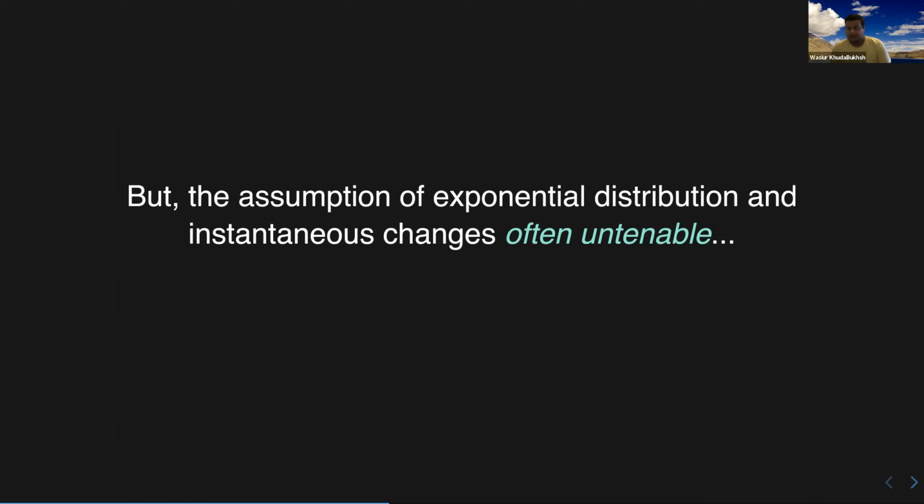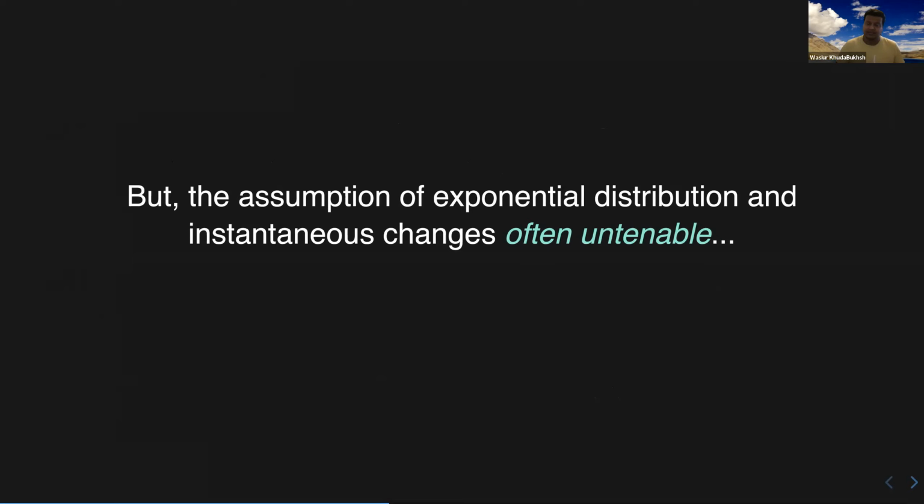So the first assumption that's inherent in this Markov model is the assumption of an exponentially distributed inter-event time, which is sometimes problematic and untenable. So it has been shown that the distribution of these inter-event times is not always exponential.